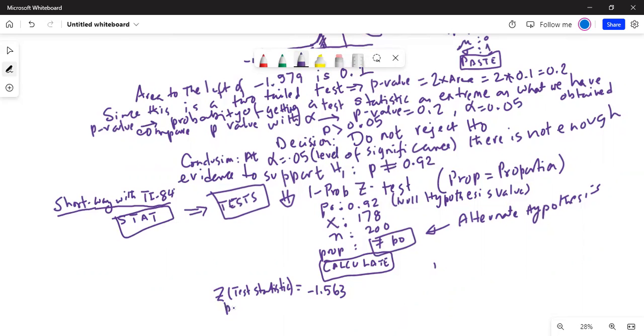And the p-value is 0.118. They did not multiply it by 2.